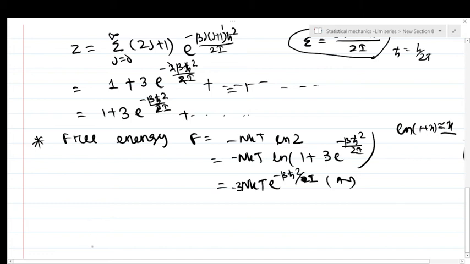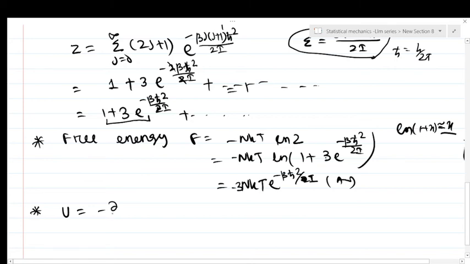You can find out the mean energy. I am taking the first two terms because the temperature is very low, so the further terms will not be taken.